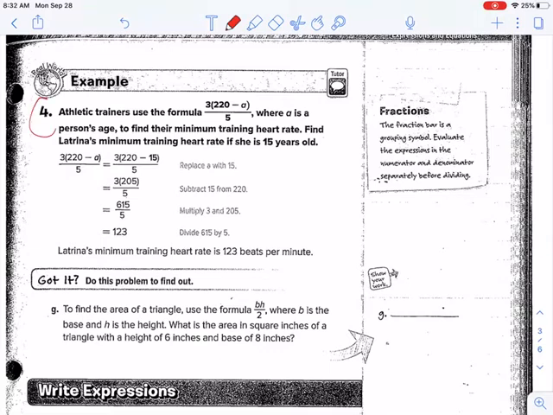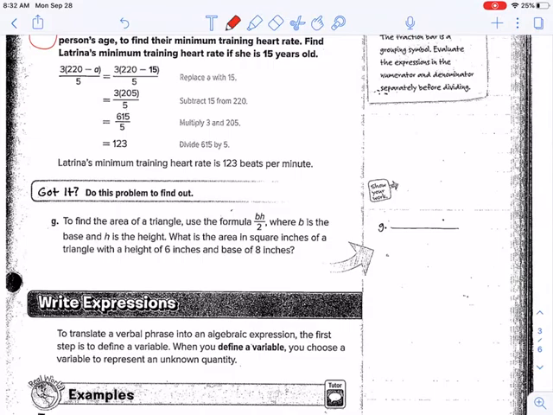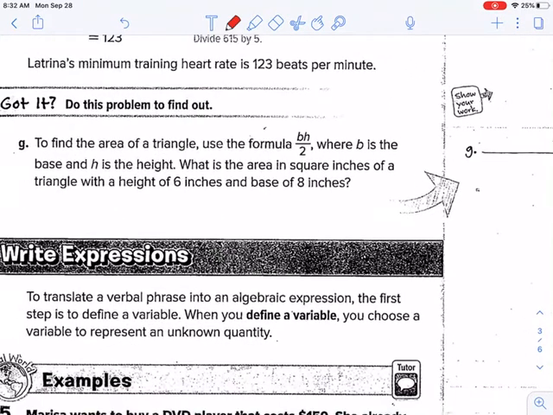All right, so there's a good example here for athletic trainers that they use as a formula for a person's age and then finding their minimum training heart rate, so you can look through that example. There's another example here in G. To find the area of a triangle, use the formula BH divided by 2. You can also use 1/2 times base times height.